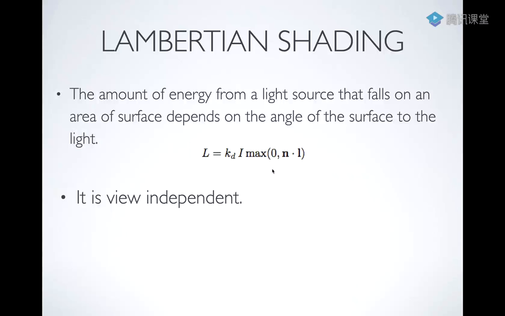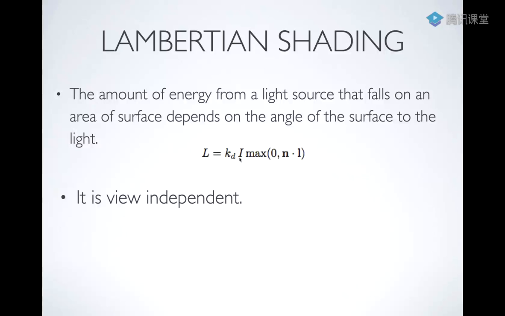If it's negative, it doesn't exist, right? Maybe only a black hole can absorb light, but in our normal lifetime experience, 0 means dark. So we use the max function to get the bigger of the two.